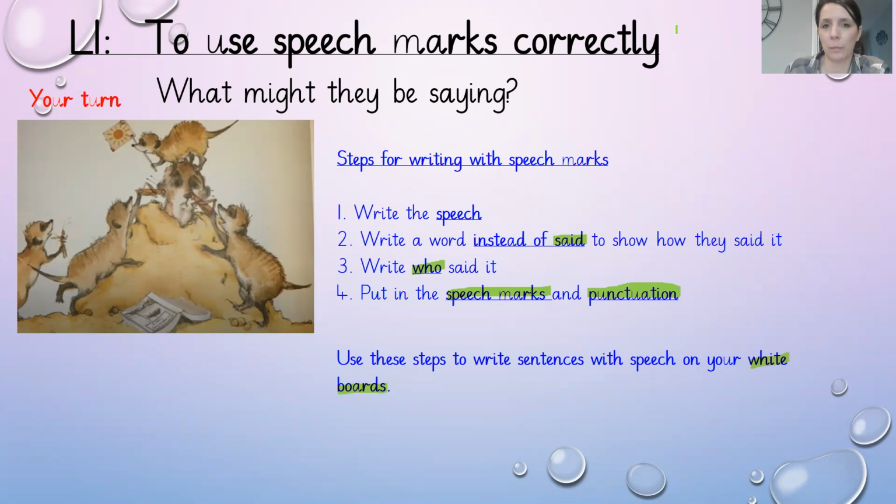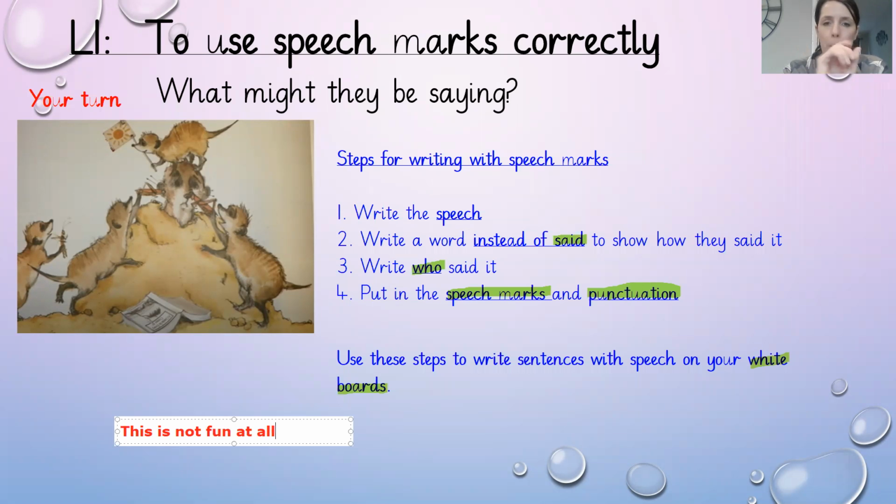Okay, how did you get on? So I was thinking maybe we could say, Sunny doesn't look very happy there. So maybe he's saying, this is not fun at all. So number 1, we write the speech. This is not fun at all.